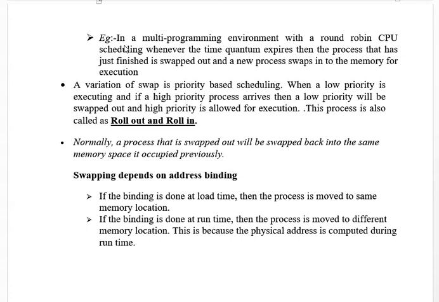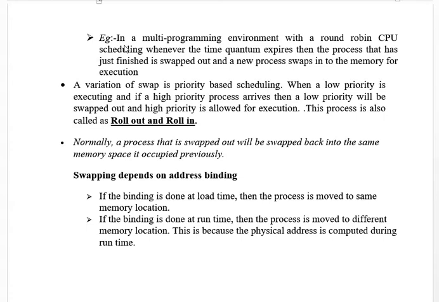Once the time quantum expires, the memory manager is going to swap out the process into the backing store, and the new process will be swapped in to the main memory from the backing store for execution.